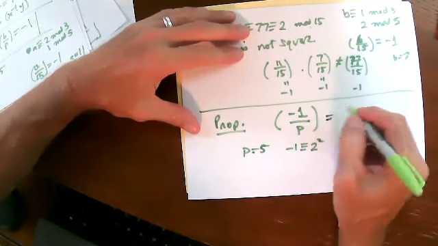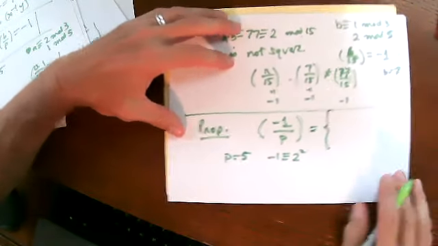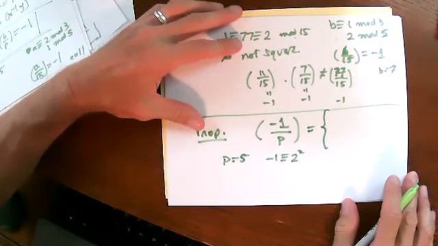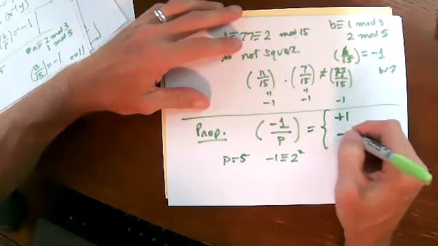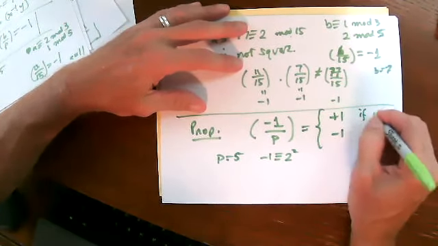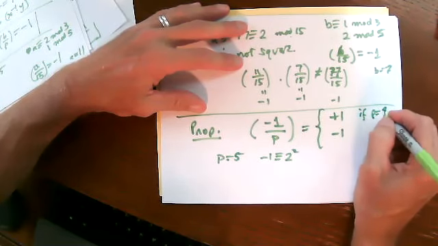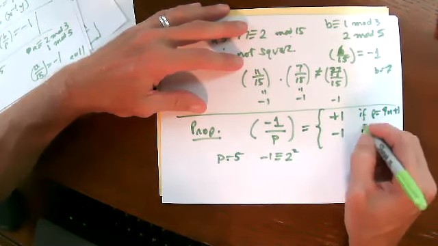And the answer is, it depends on how p falls modulo 4. This Legendre symbol is going to be either a +1 or a -1, depending on whether or not p is 1 more than a multiple of 4 or 1 less than a multiple of 4.